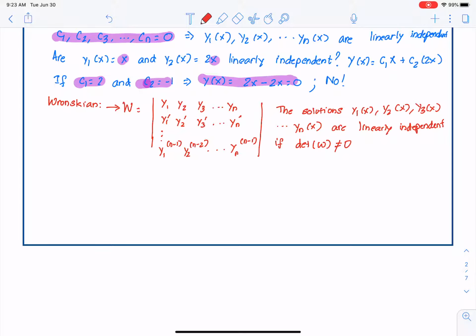So that is the condition we use to determine if the solutions are linearly independent.